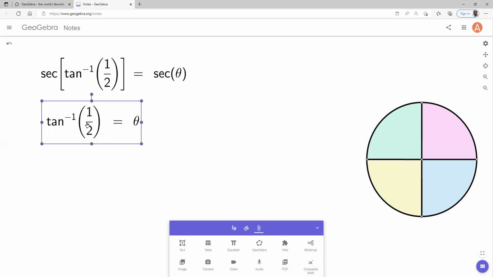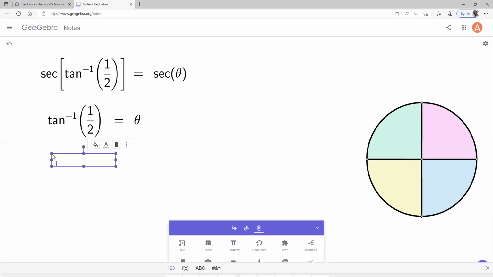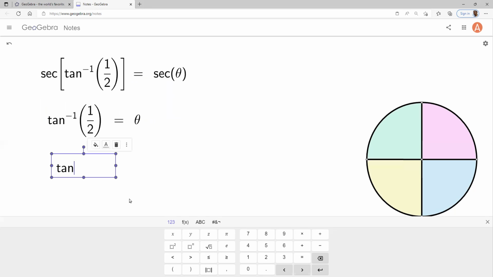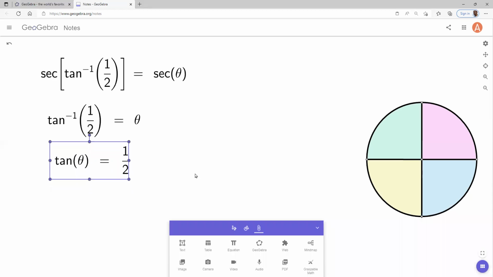Now, starting with this, using the definition of inverse function, I can write this. Of course, theta has to be in the right half, and I can claim that tan theta is half. Now, you have to really think about this a little bit.